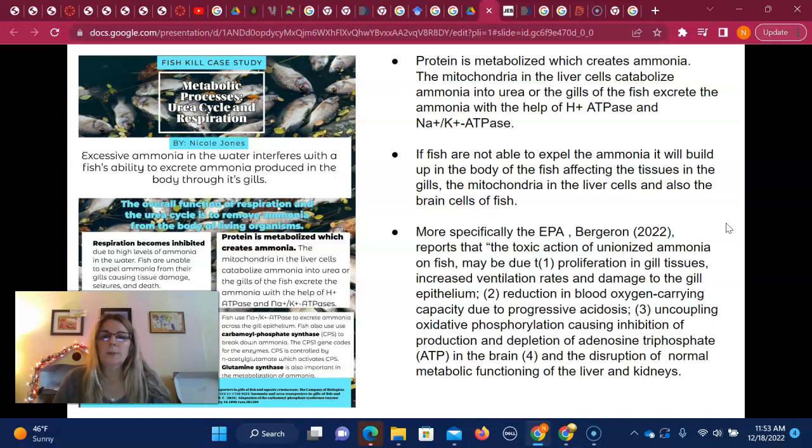There's also uncoupling oxidative phosphorylation, causing inhibition of production and depletion of adenosine triphosphate, ATP, in the brain, which is basically saying that the mitochondria's production of ATP is impaired, which depletes the adenosine triphosphate needed for the brain for neural impulses. So that whole system just gets disrupted. And there is a disruption of the normal metabolic functions of the liver and the kidneys.